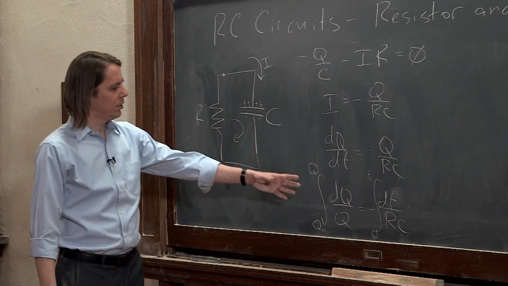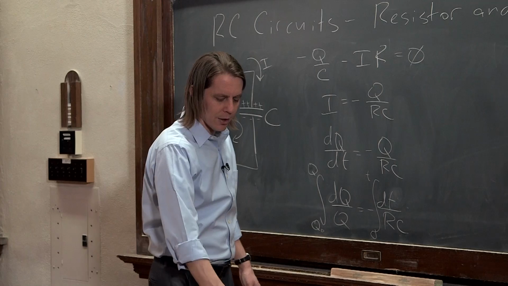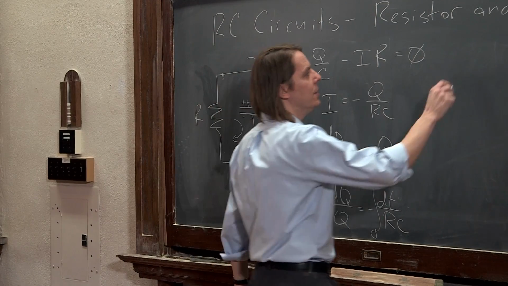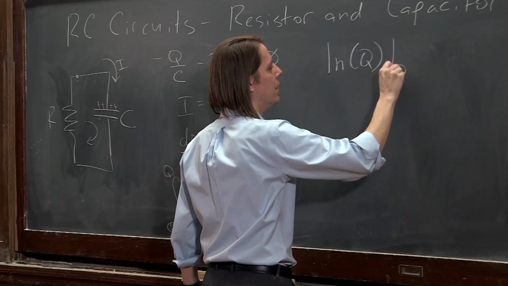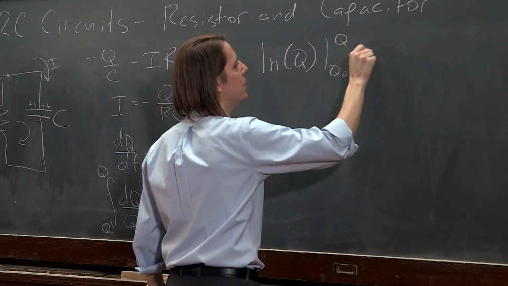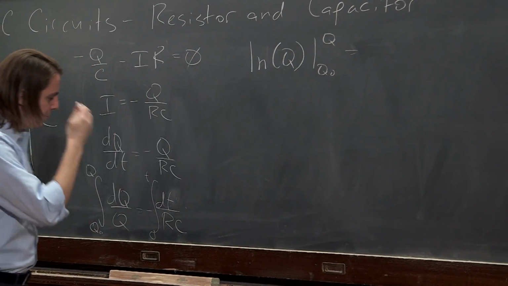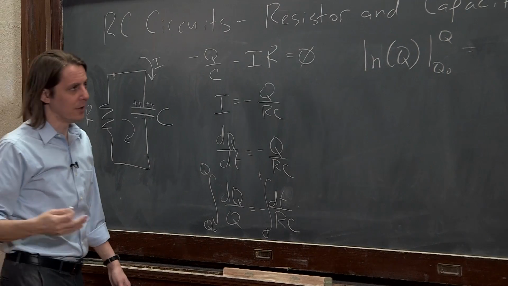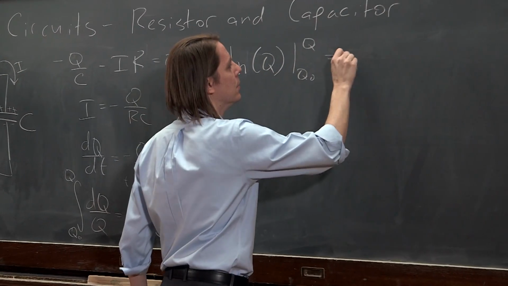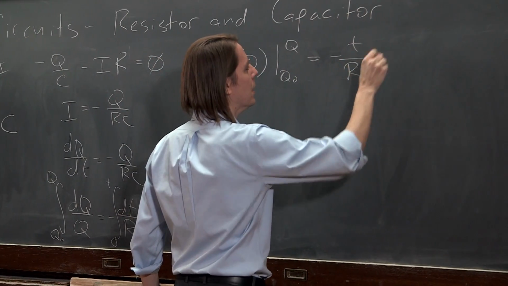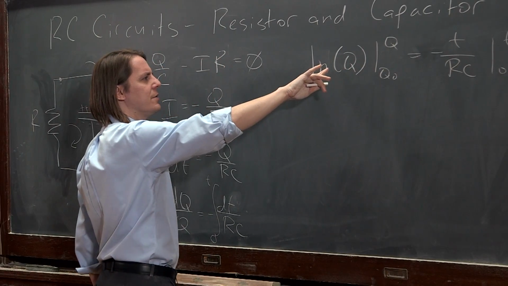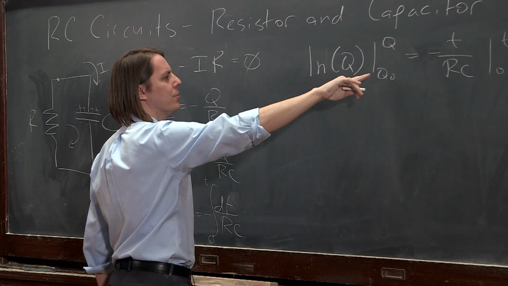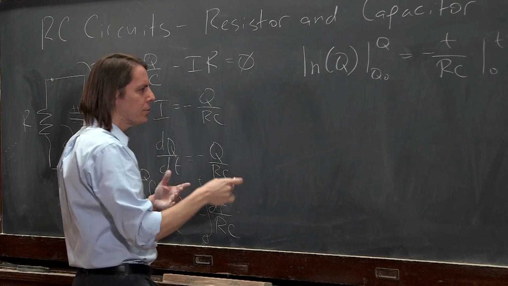All right, so let's do our integral. The integral of dQ over Q is just the natural log of Q evaluated from Q naught to Q, and the integral of minus dt over RC is minus t over RC evaluated from 0 to t. So this is the natural log of Q minus the natural log of Q naught, and when you subtract natural logs, it's a ratio.